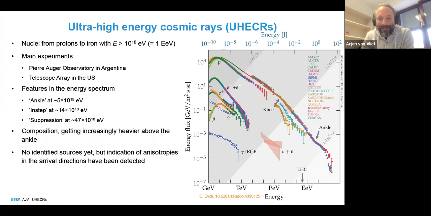So this is the energy spectrum of cosmic rays, and it shows that it spans a very large energy range from GeV energies up to 10 to the 20 electron volts. And what you can see as well is roughly the rate of cosmic rays at the different energies.